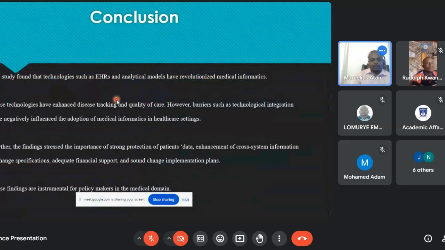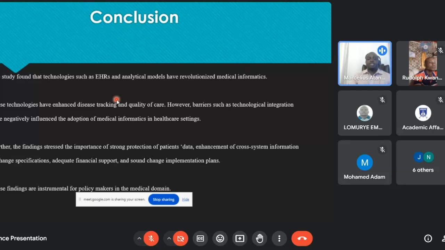In conclusion, the study found that technologies such as electronic health records and analytic models have revolutionized medical informatics. These technologies have enhanced disease tracking and quality of care. However, barriers such as technological integration have negatively influenced the adoption of medical informatics in healthcare settings.